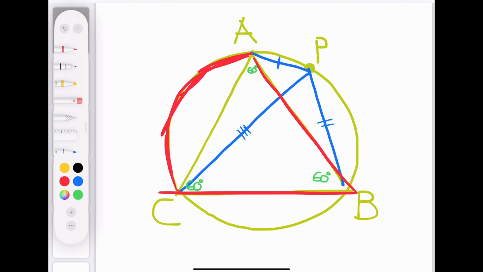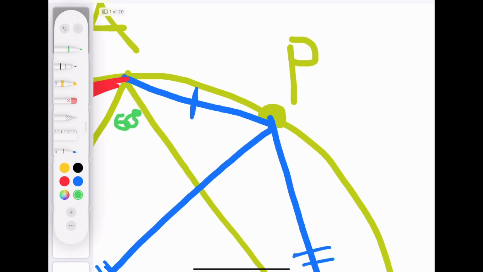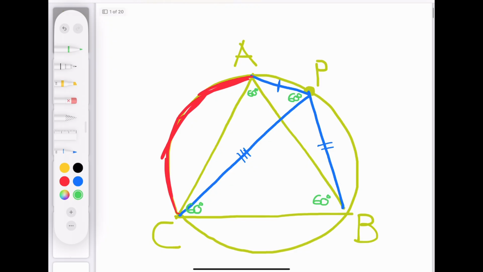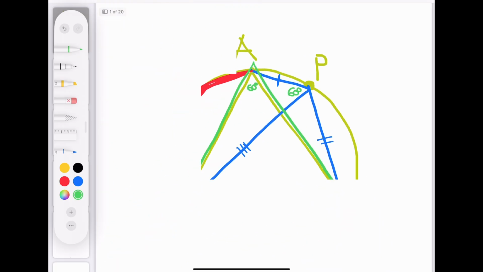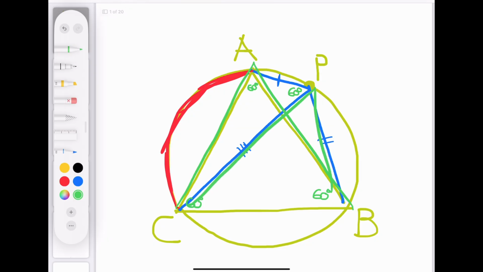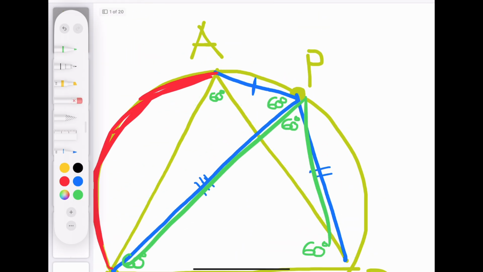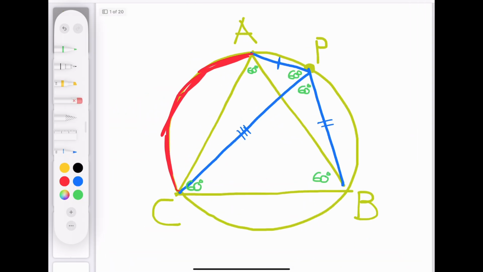And so it will follow that angle APC is equal to 60 degrees. And by similar logic, if you look at angle CAB and angle CPB, you'll get that angle CPB is also equal to 60 degrees, but I'm not sure if we'll use that for this particular solution.